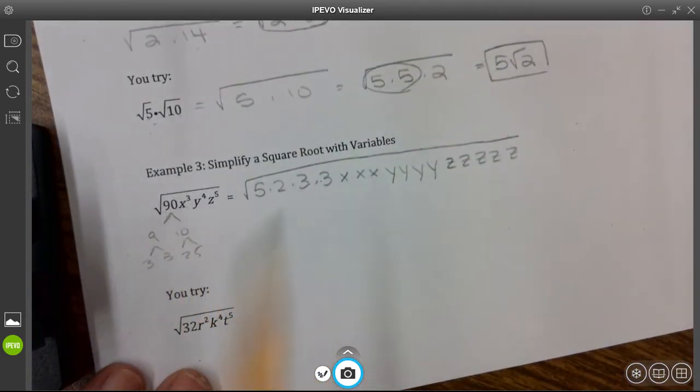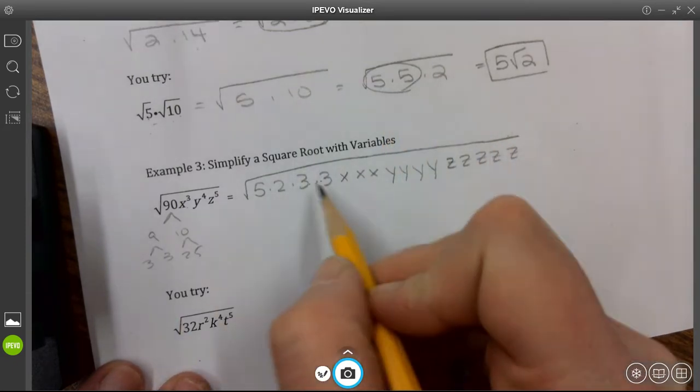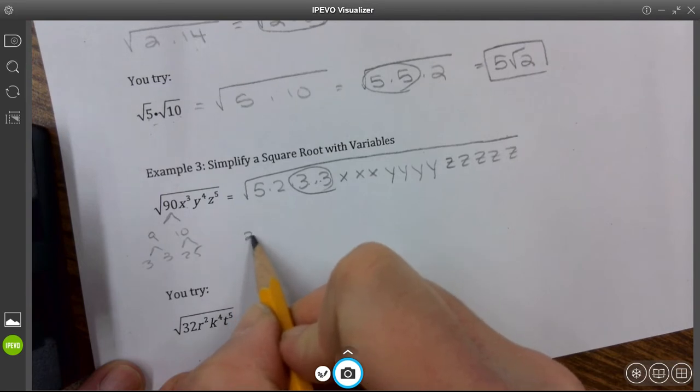These are the same thing. If we have a pair, we can remove it. So I have a 3.